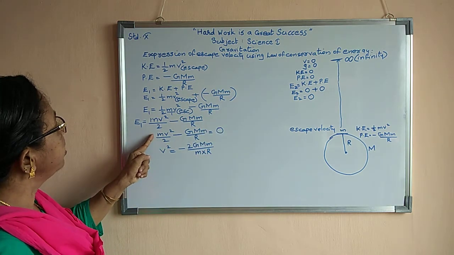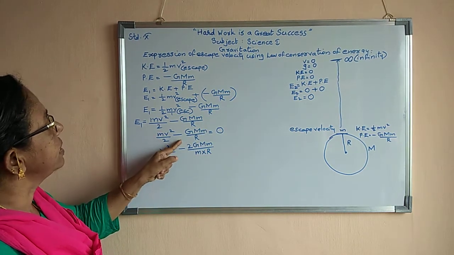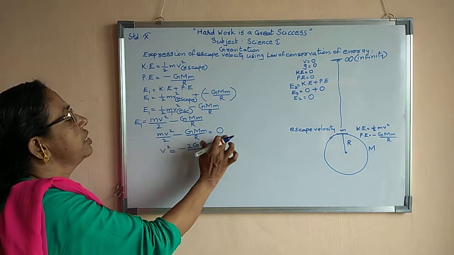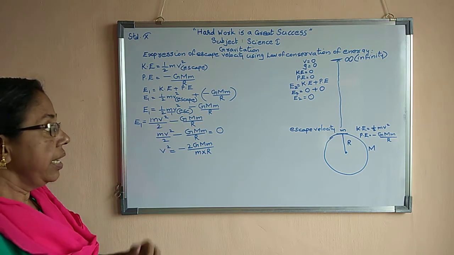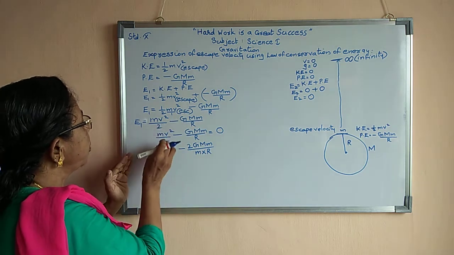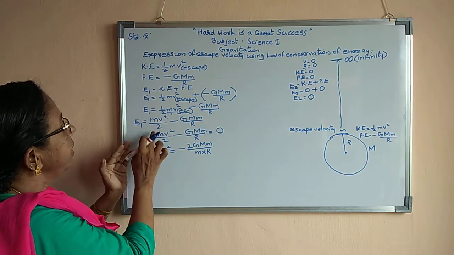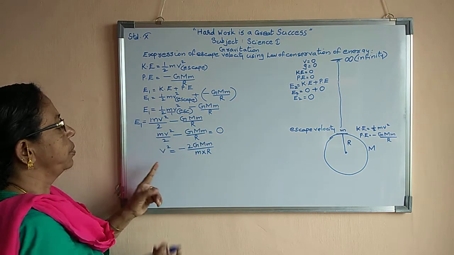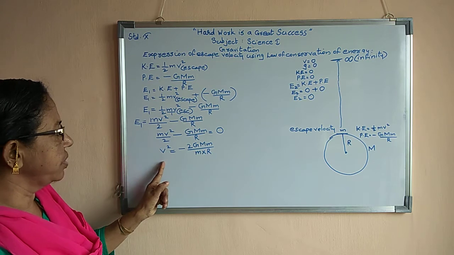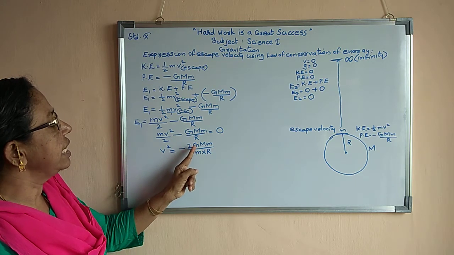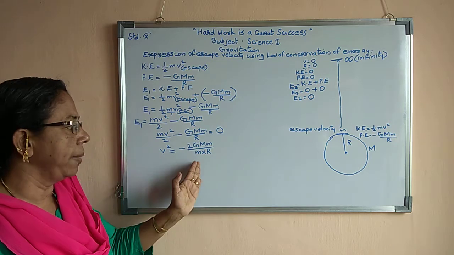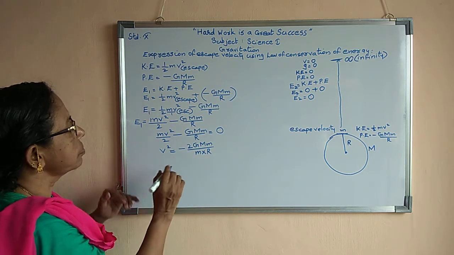That is mv square upon 2 minus G capital M small m upon R is equal to 0. Now this v square I am keeping this side, then here division form is there, so 2 will go upside, m will come down. Then v square is equal to 2G capital M small m upon small m into capital R.